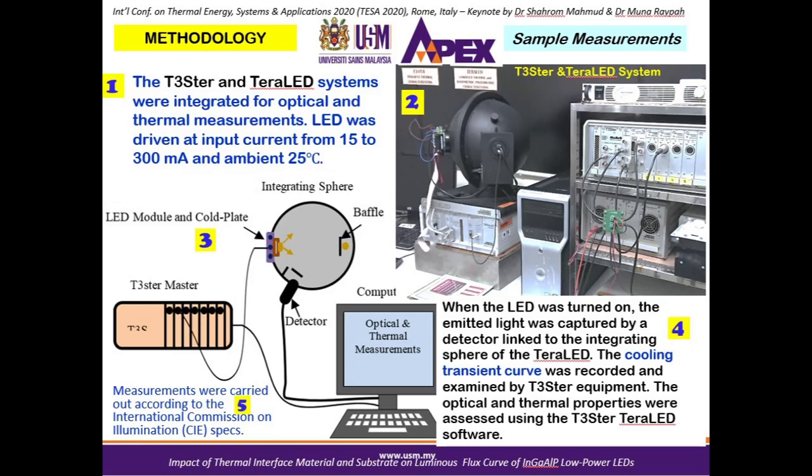There is a software that processes the data to a form that we can use. Since we are dealing with commercial LED, we perform measurement according to the specification prescribed by the International Commission on Illumination, or the CIE specs.